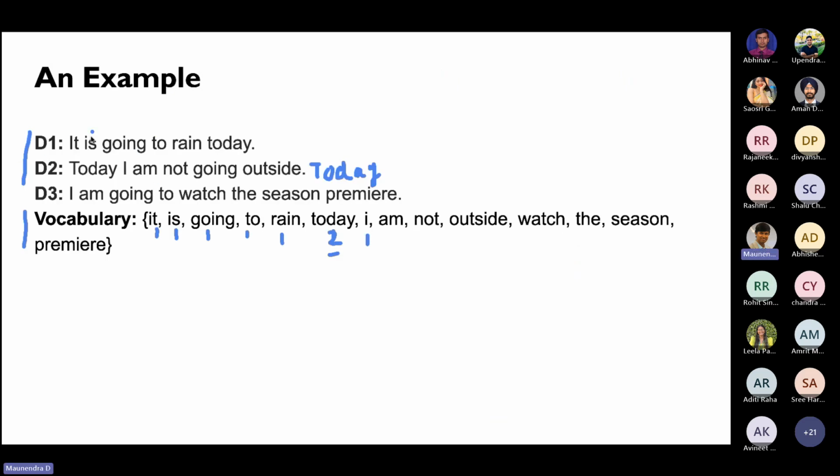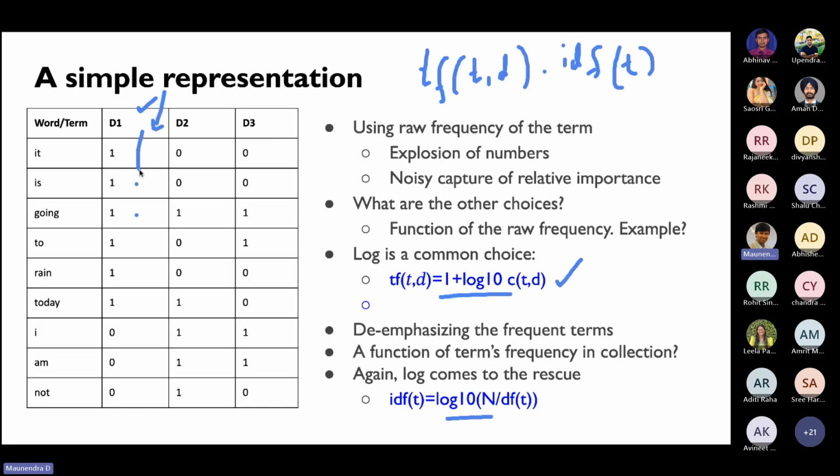So while each document is being taken up one by one, vocabulary creation happens in an incremental manner. This bookkeeping operation also happens on the fly, and once a document is processed, this intermediate vector is prepared where we simply store either the raw frequency or the term frequency.